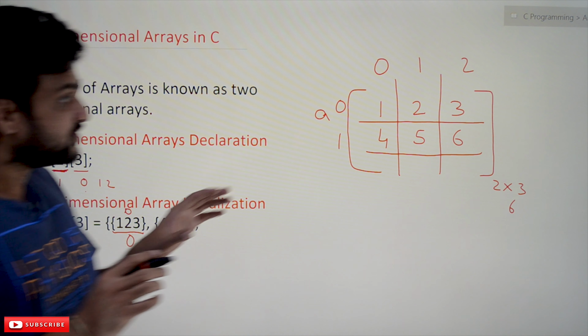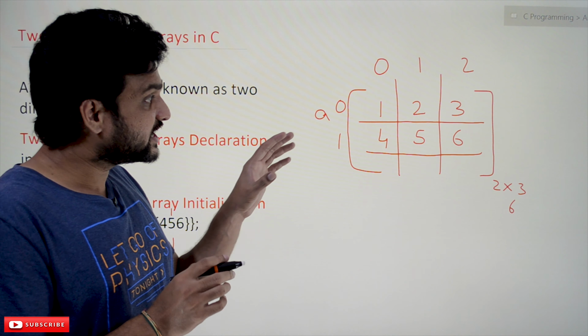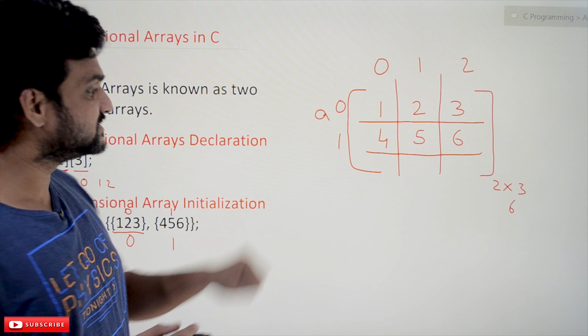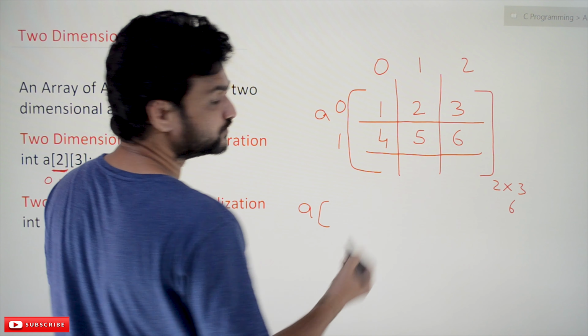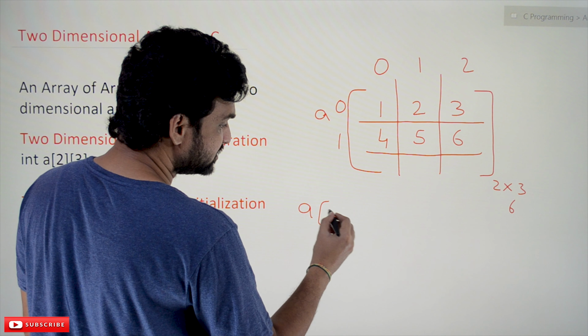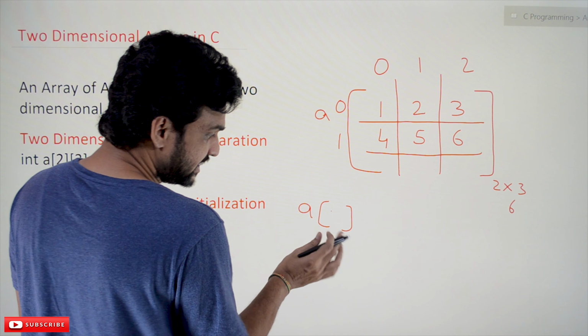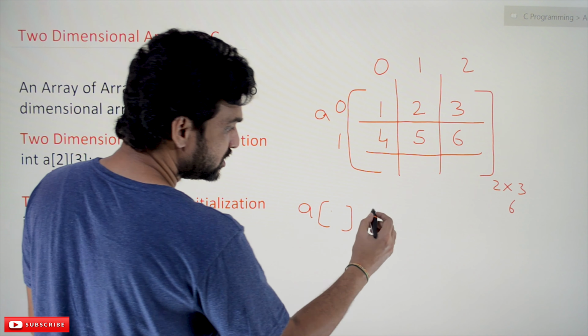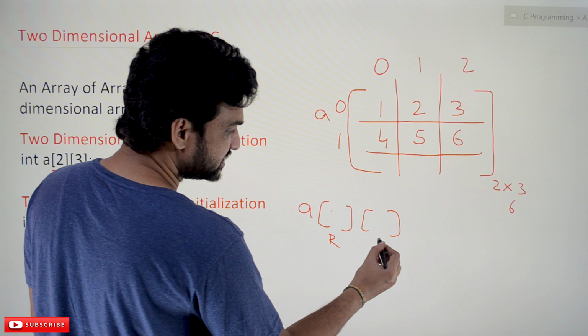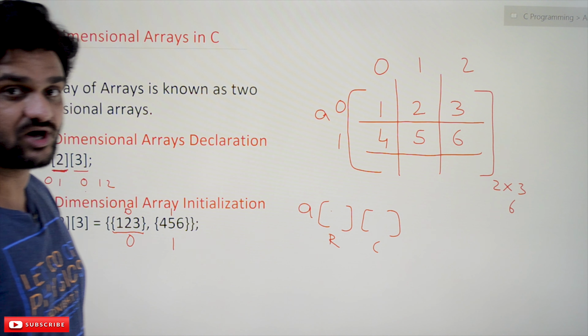Now, how to access these values? For example, if you want to access 2, the first enclosed bracket represents the row, and the second enclosed bracket represents the column.